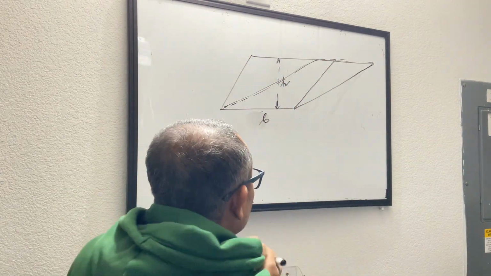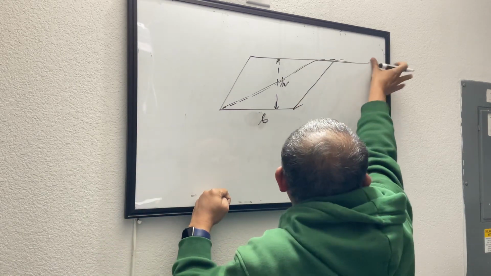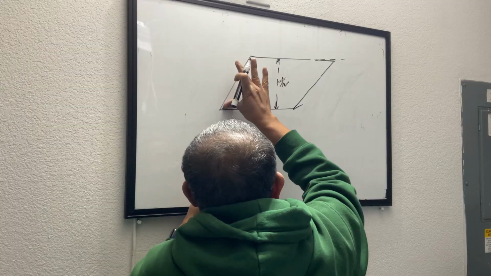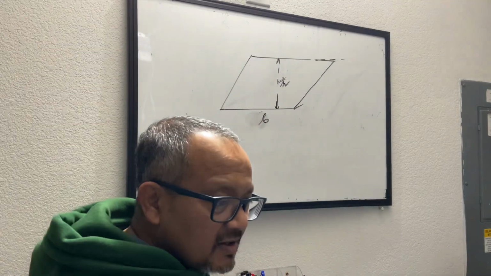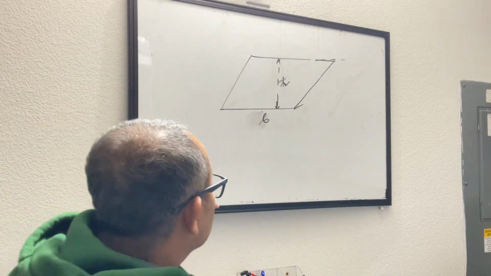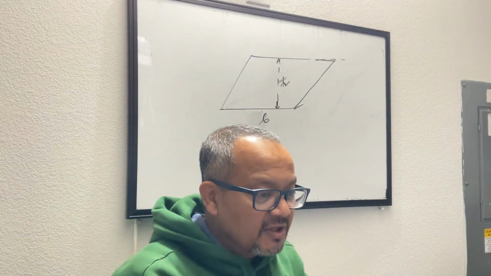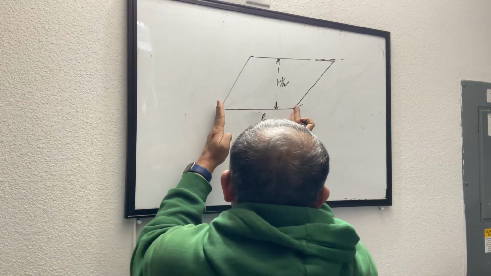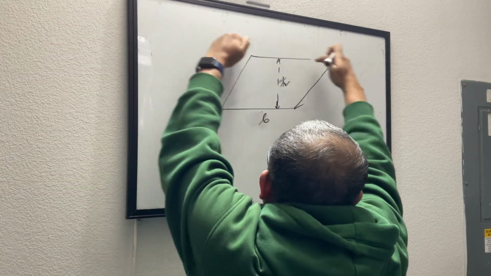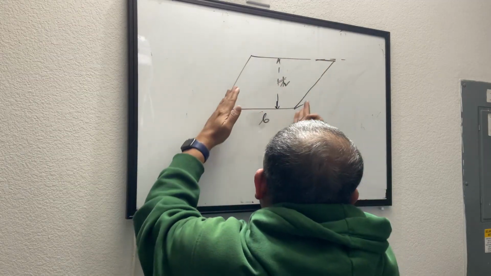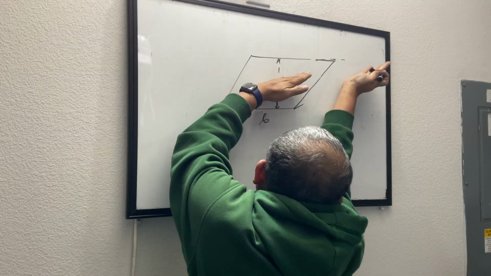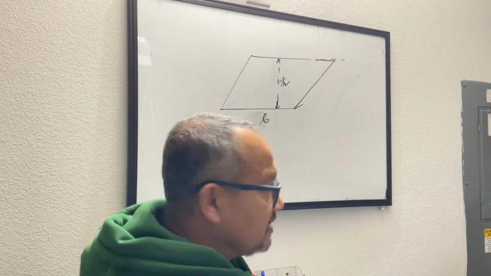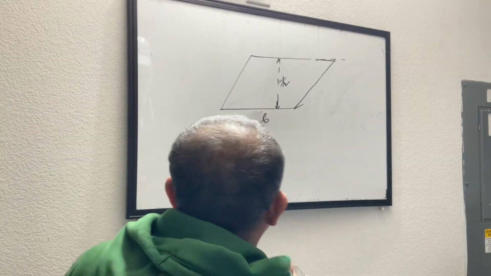The formula says so. Let's figure it out. Are you guys getting what I'm trying to prove here? Based on the formula that I heard from you guys, it says base times height. If I keep my base fixed and the perpendicular distance between the lines fixed, can I tilt this parallelogram like this? And that will have the same area? Let's figure out why that formula is to be believed.